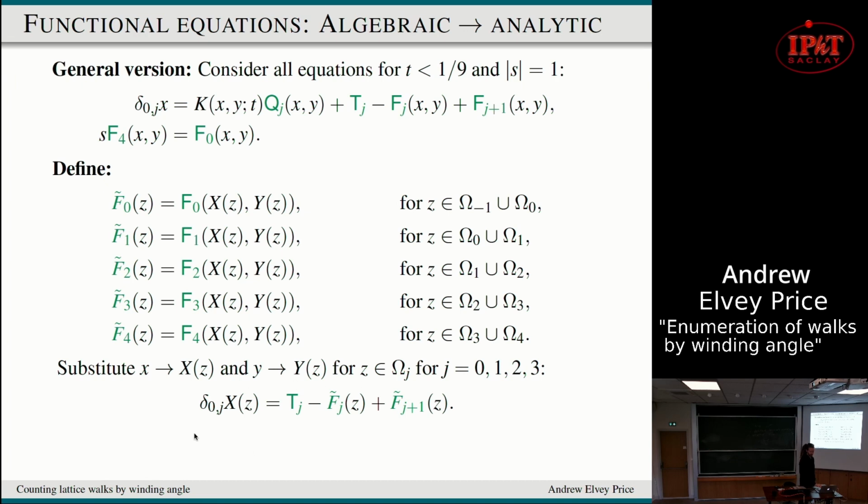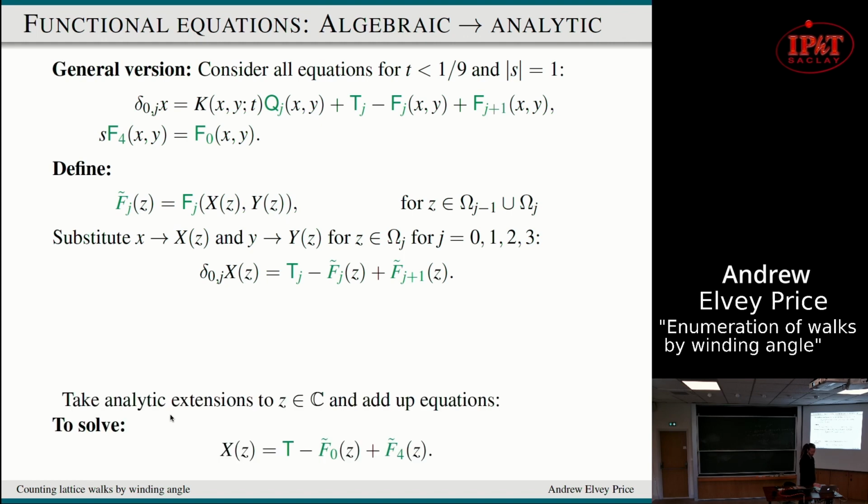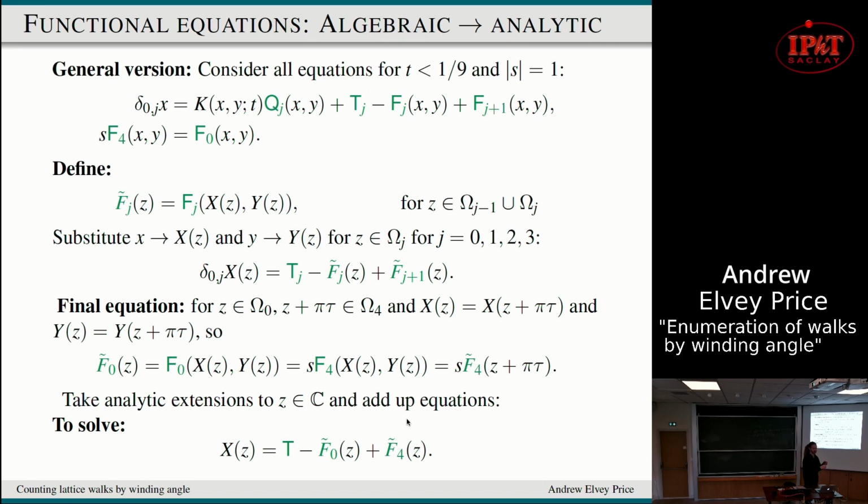Okay, so we get this equation for each j. And now just adding this up over all the values of j, we get an equation relating f of 0 to f of 4. So the weird thing that happened with the convergence and choosing spaces where the things converge meant that somehow f of 0 is equal to s.